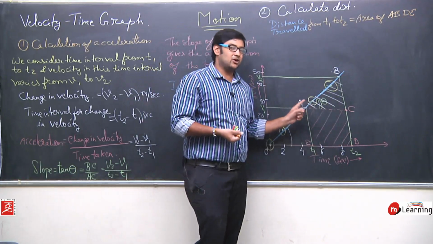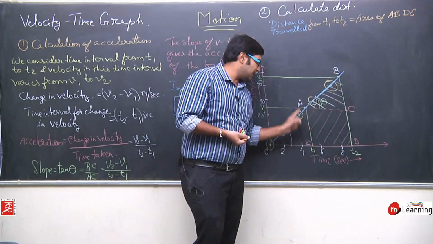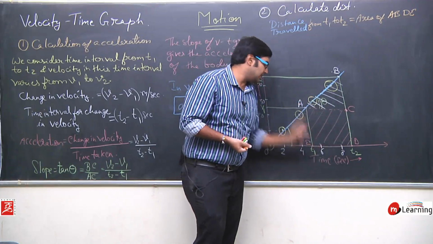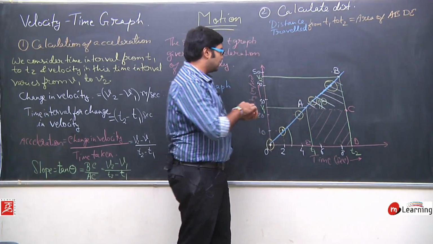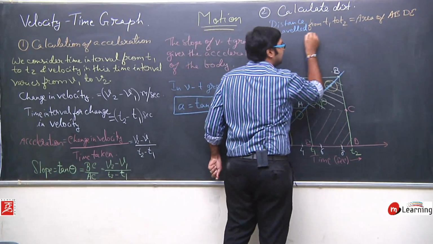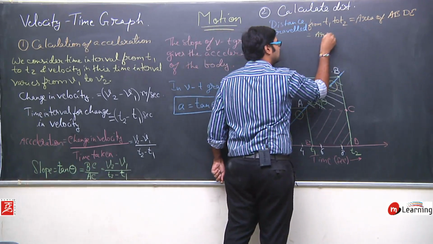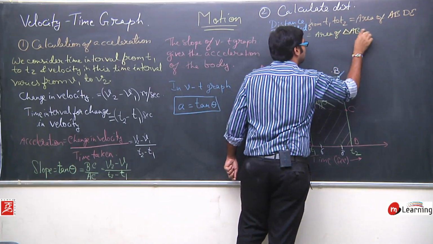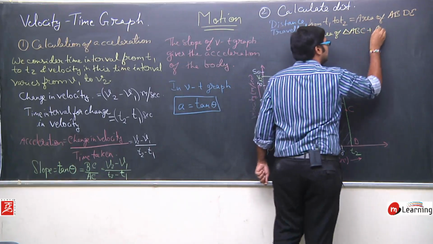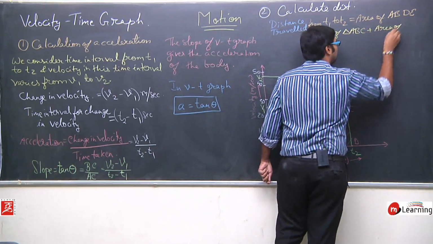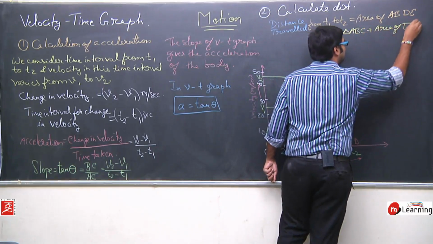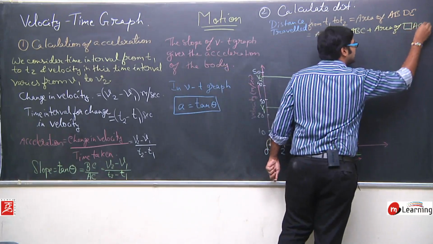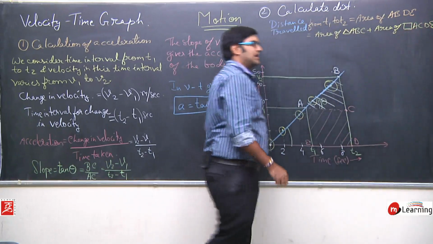ABDE is the combination of triangle ABC plus this rectangle ACDE. So here I will write area of ABDE is equal to area of triangle ABC plus area of rectangle ACDE. Okay, this is a rectangle.